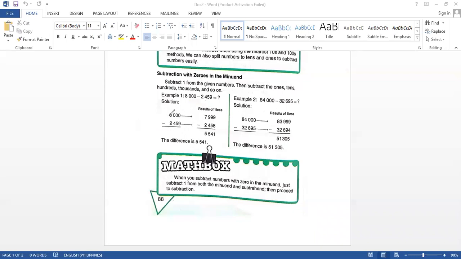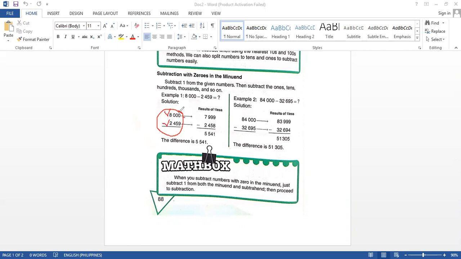Subtract 1 from all the given numbers. So we're going to subtract 1 from 8,000. The answer is 7,999. How about this one? If we subtract 1 from 2,459, the answer is 2,458. Again, we subtract 1 from these numbers first.